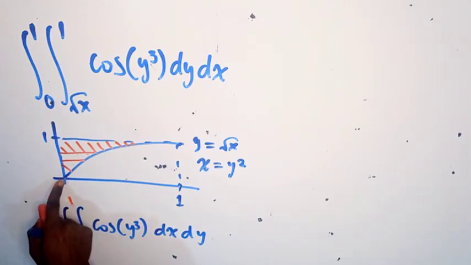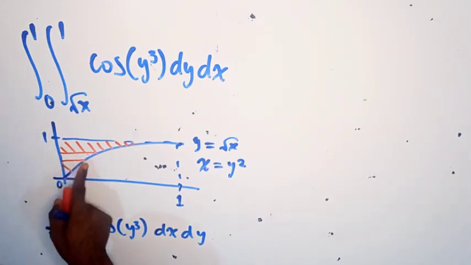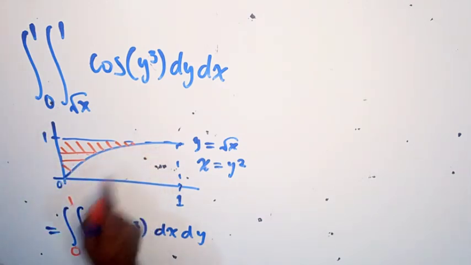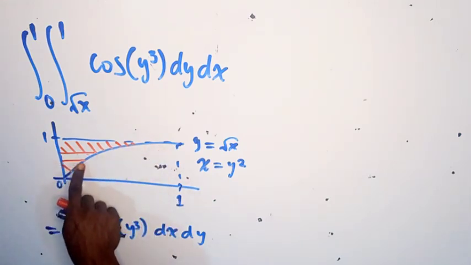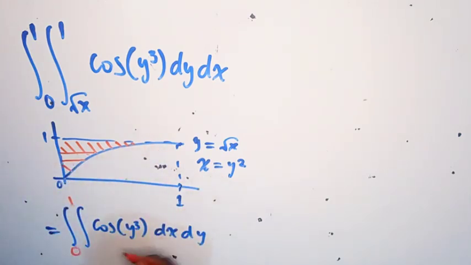Like I said, x changes from 0, which is the line for x equals 0, to where it is now bounded by this curve. So from 0 to what? We make this the subject of the formula, so it is going to be from 0 to y squared. That is how to interchange those two integrals, and then from there we're going to equate these two. Well, let's see.